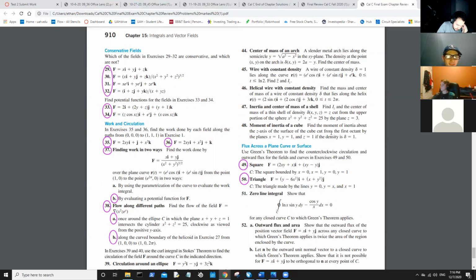All right. Square or triangle formula. F is equal to y minus 6x squared i plus x plus y squared j. Cool. C, the triangle made by the lines y equals 0, y equals x, and x equals 1.